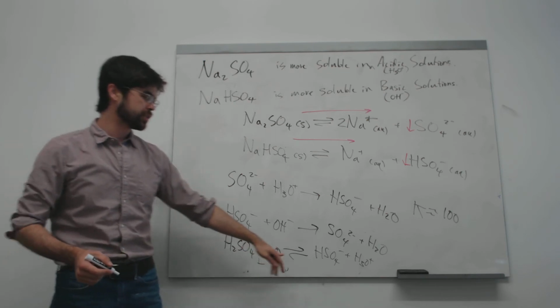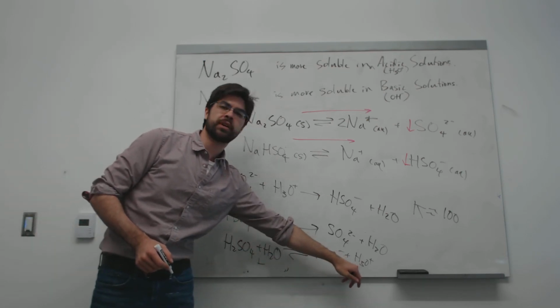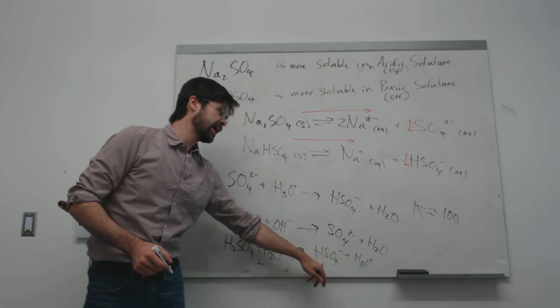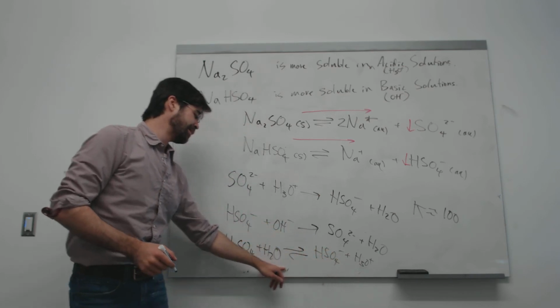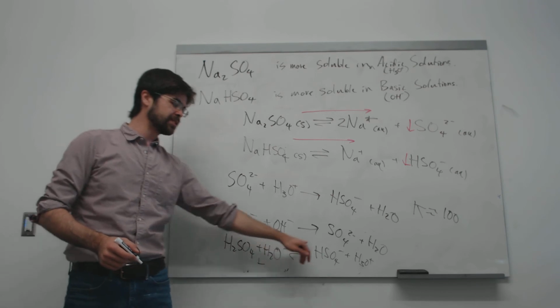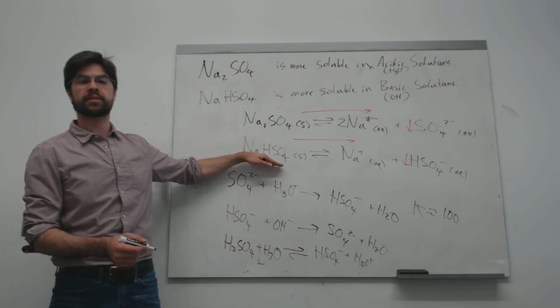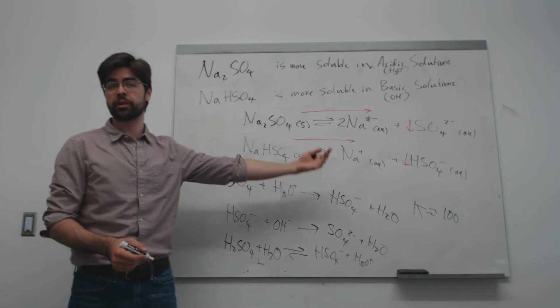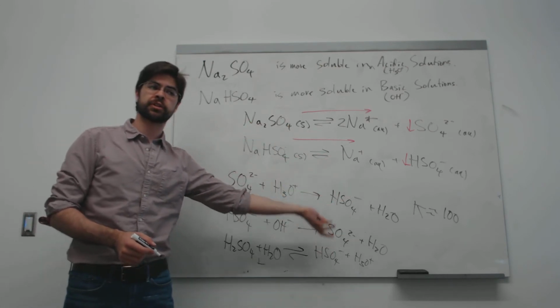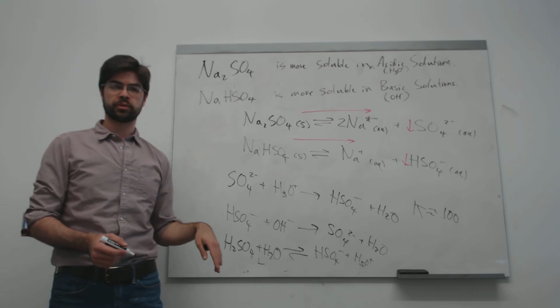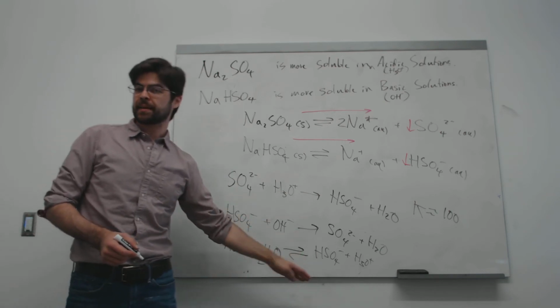So, for instance, you could think of a reaction that occurs between acids and HSO4- that would give you a way of losing HSO4- and producing sulfuric acid, and then you might predict that this substance would be just as soluble in an acidic solution as it would be in a basic solution. Except that that's not the case.